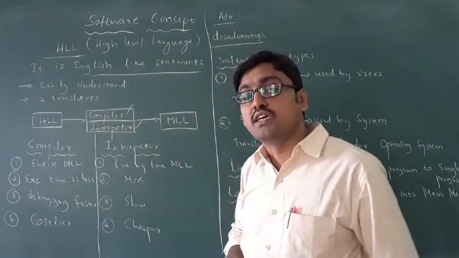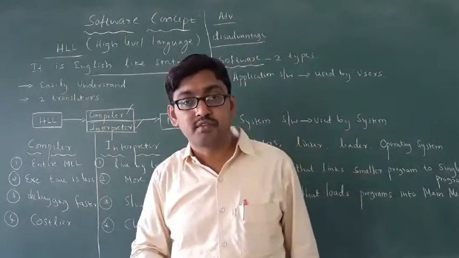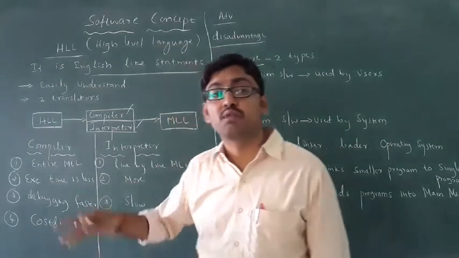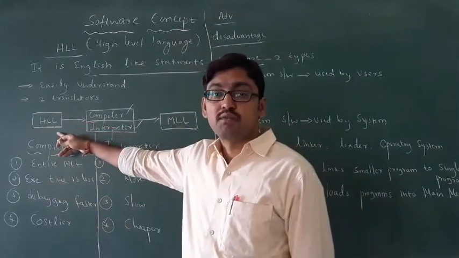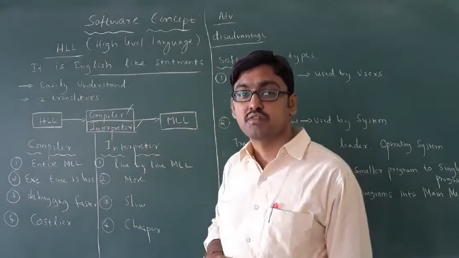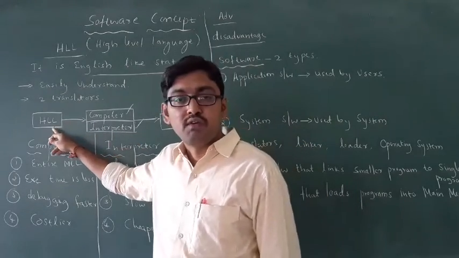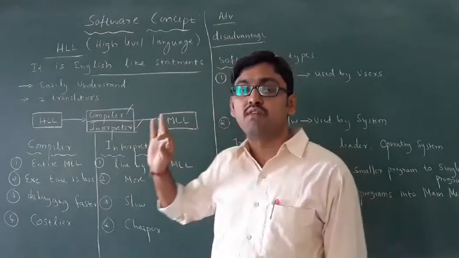Okay, see, they ask what is a compiler, so many times they ask what is a compiler. Compiler is a translator which converts high level language to machine level language. They ask what is an interpreter. Interpreter also converts high level language to machine level language.